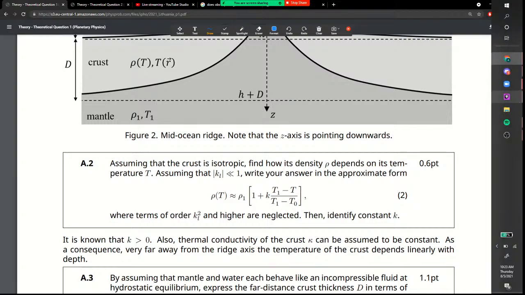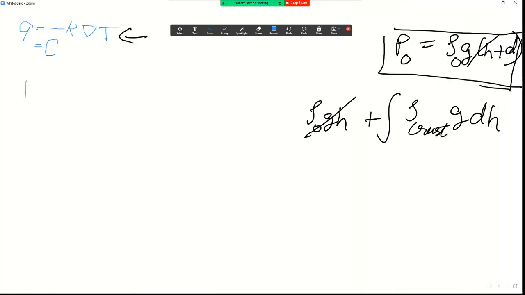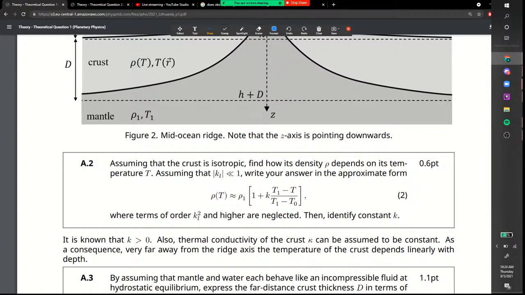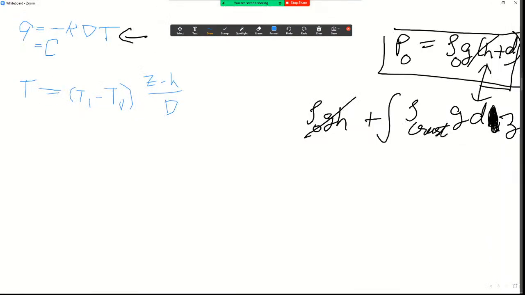So T would be something like T1 minus T0 times (Z minus H) over D. Yeah, is that right? Here I have to write Z not H, or this will confuse. What is the T? Oh yes, I think that's right.